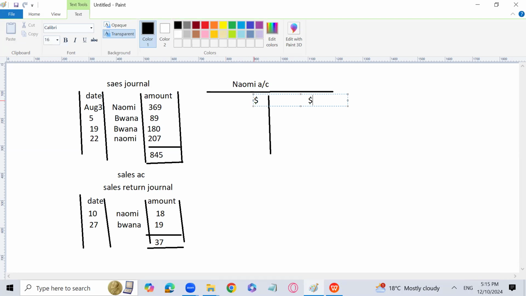It means that if the person is a trade payable, the balance will be written on the credit side. If it is a trade receivable, the balance will be written on the debit side, because a trade receivable is an asset, a trade payable is a liability.